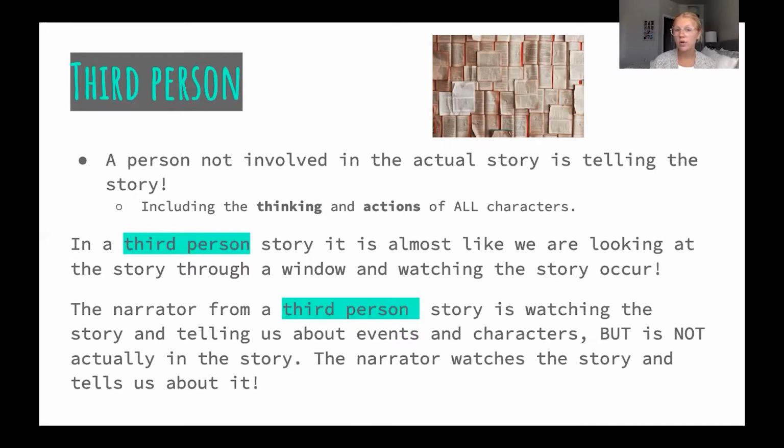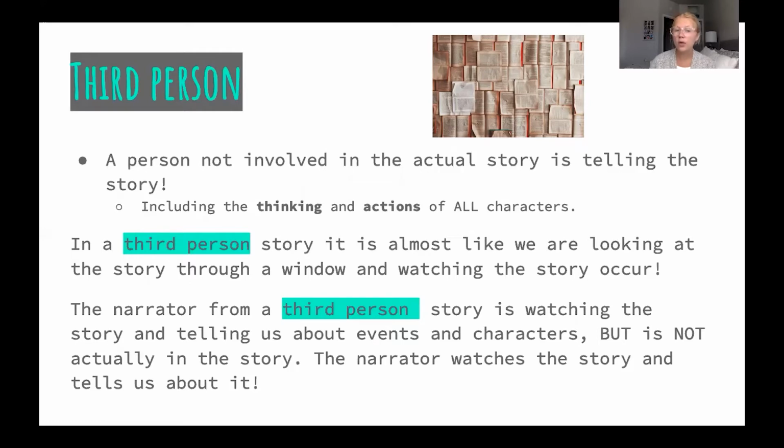So when a story is being told in third person, we are having information brought to us about the thinking and actions of all the characters, not just one character. In a third person story, it is almost like we are looking at the story through a window and watching the story occur.